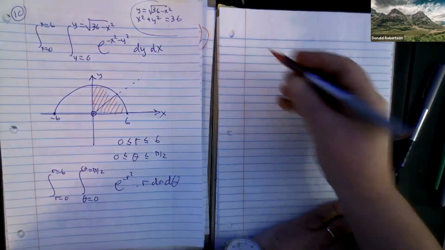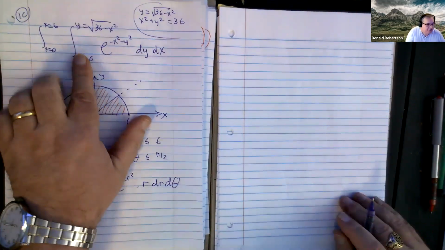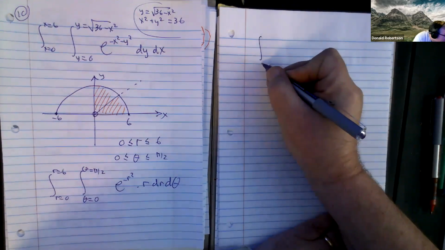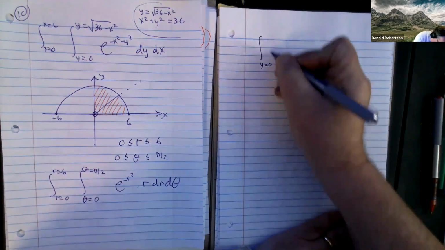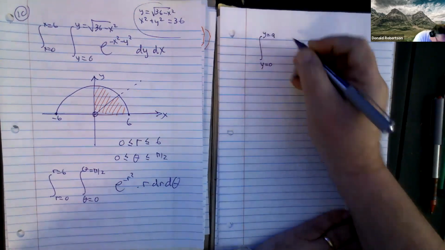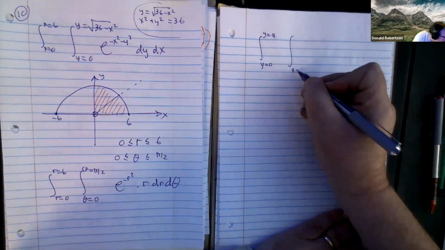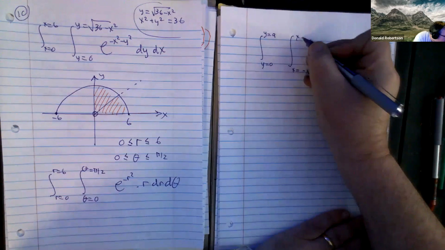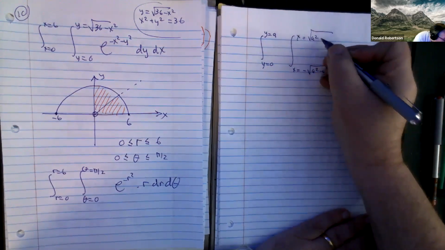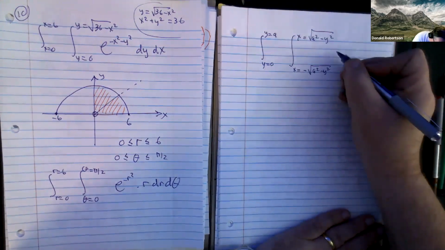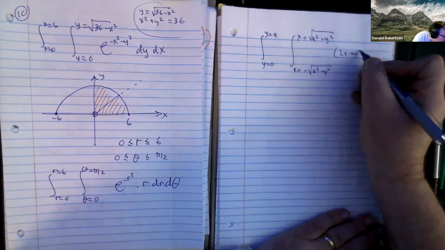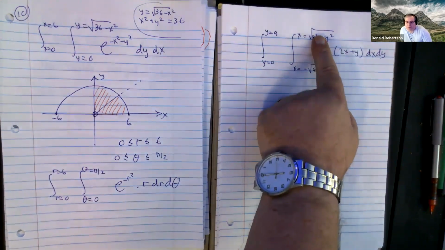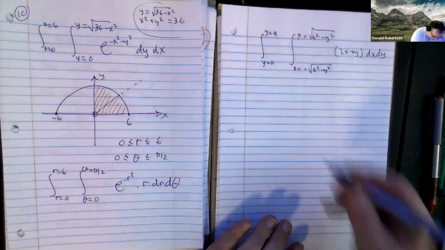In the next question, it's really a duplication of this kind of information. So suppose I give you y equals 0 to y equals a, and x equals negative square root of a squared take away y squared to positive square root of a squared take away y squared, and then whatever function goes here. The first thing I'm going to do is figure out what this region looks like.